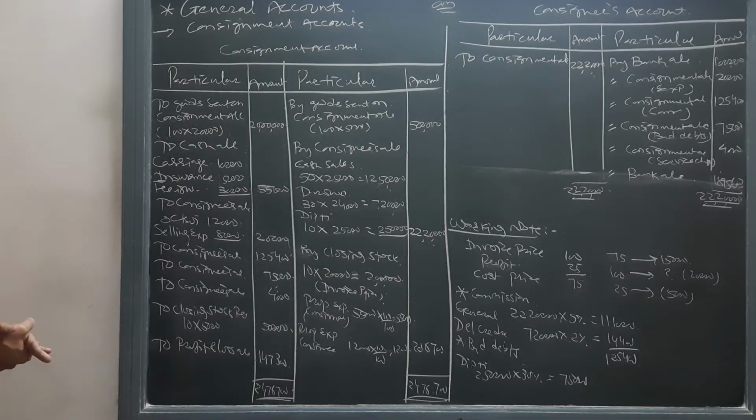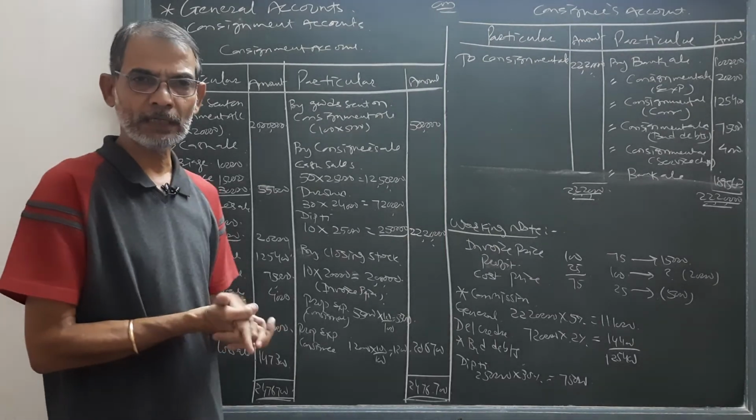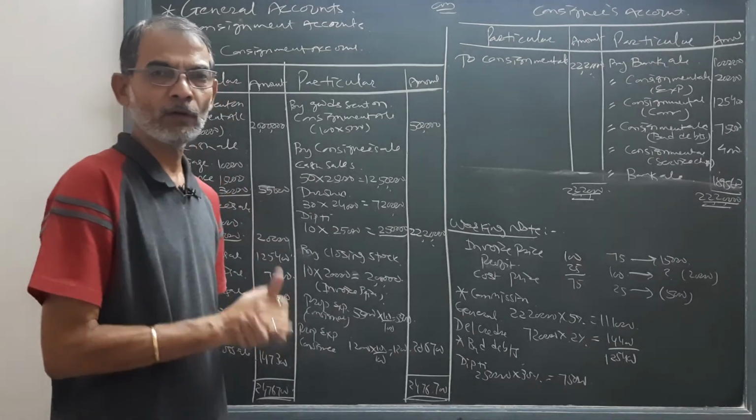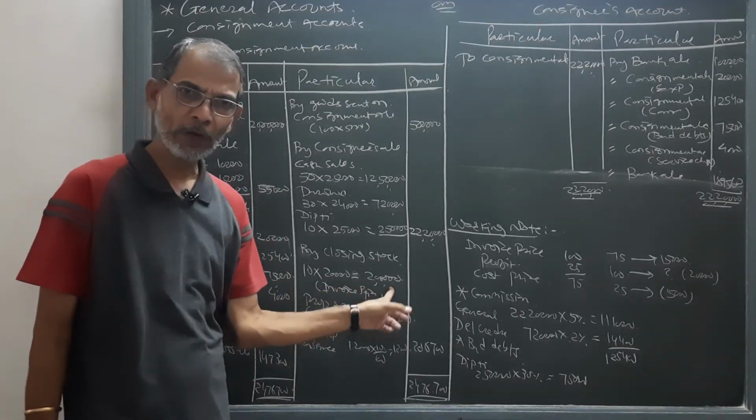Then after comes closing stock. 100 TVs were sent, out of which 50, 30 and 10 were sold. So only 10 TVs remained in stock. Invoice price was 2 lakh.